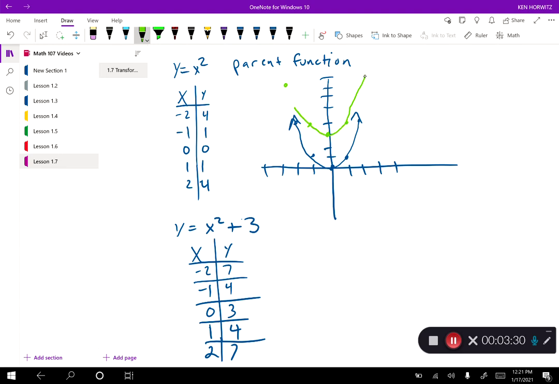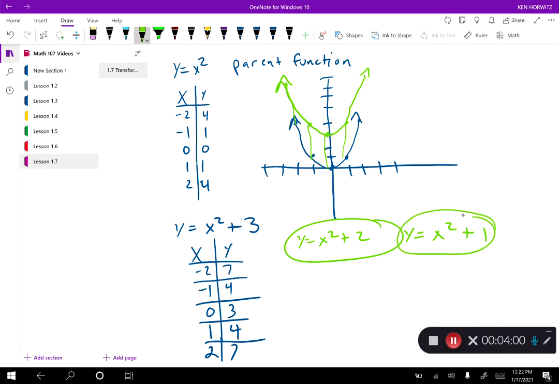So basically our function, my poor drawing aside, looks something like that, where each point is basically translated up 3 units. So if I had, let's say, y equals x squared plus 2, y equals x squared plus 1, in this case, my points would be translated up 2 units from the parent function.